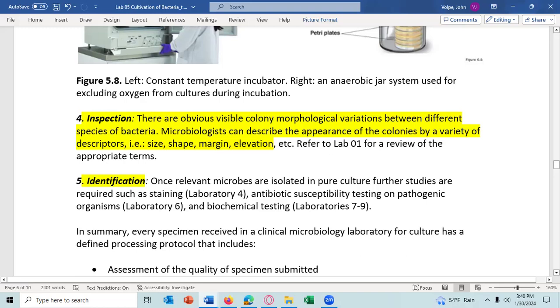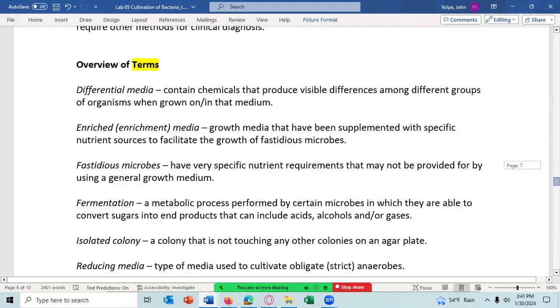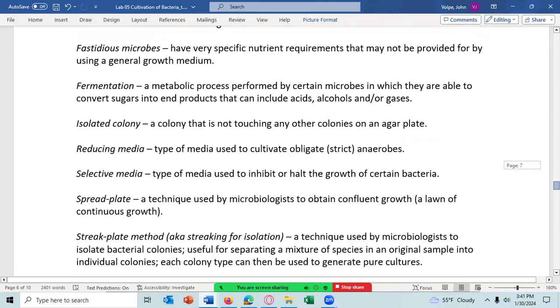And if it's a pathogen, you can say most likely this pathogen is causing the patient's signs or symptoms, to be specific. All right, any question about any of that? If not, know the terms of this lab.